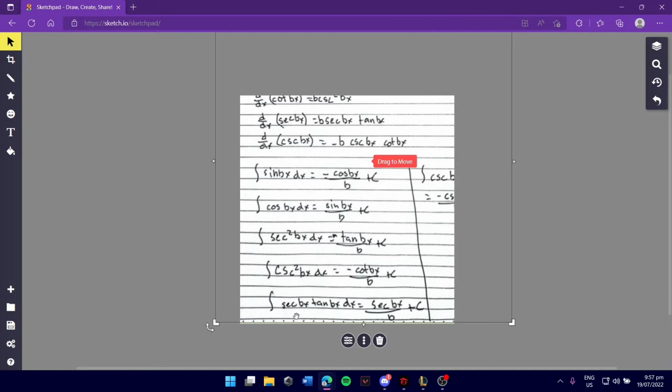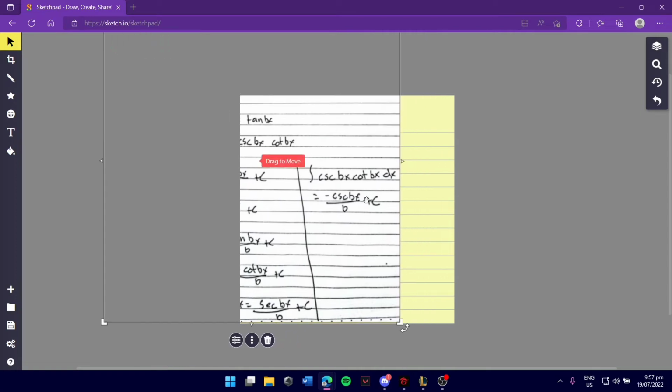Then we have the integral of secant bx times tangent bx times dx is equal to secant bx over b plus c. Lastly, the integral of cosecant bx times cotangent bx times dx is equal to negative cosecant bx over b plus c.